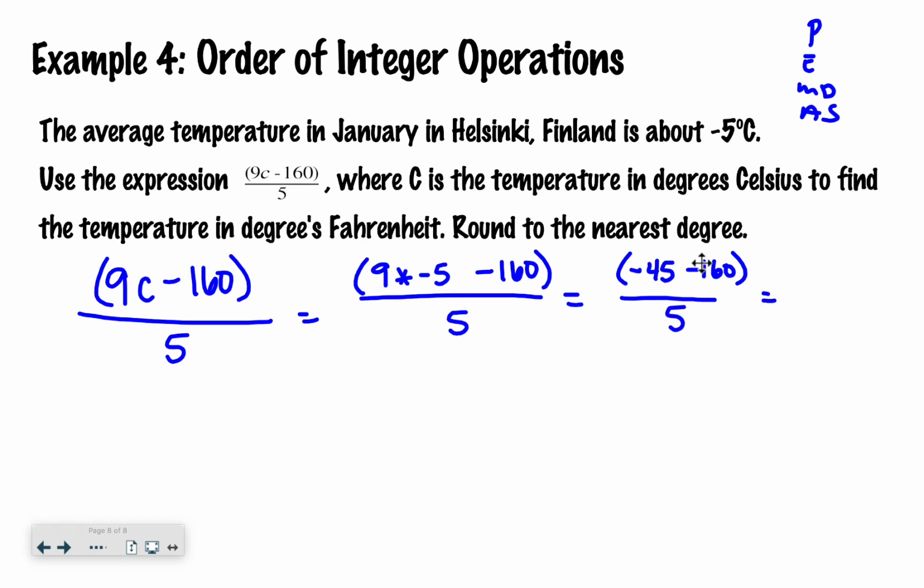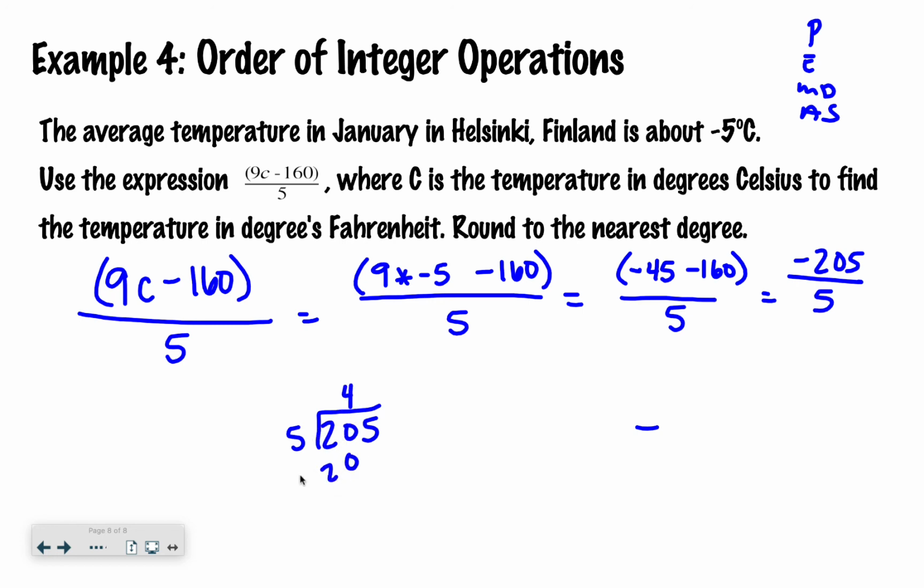And then I'm going to simplify still in those parentheses. Negative 45 minus 160 is a negative 205, all divided by 5. And then a negative divided by a positive, I know my final answer is going to be negative. And then 205 divided by 5, 5 doesn't go into 2, but 5 goes into 20 4 times.